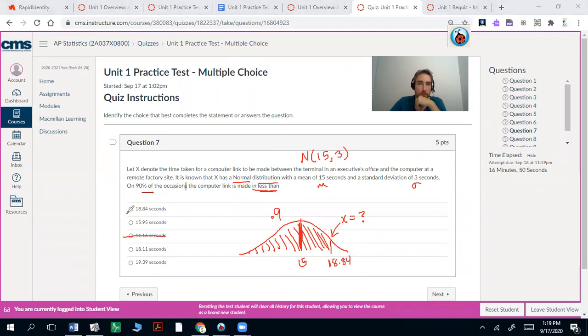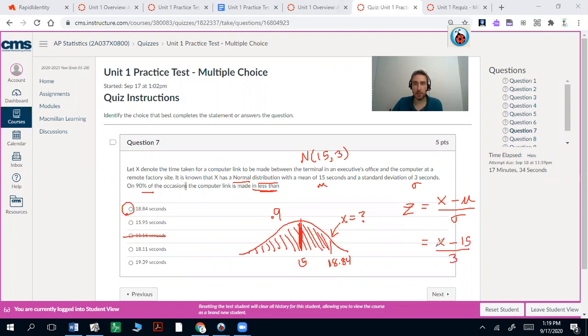So that choice. Let me show you on the table. So on the table, you'd want to do a z-score. Sorry, let me erase that. So you don't know your z yet, but you do know that the mean is 15 and the standard deviation is 3.